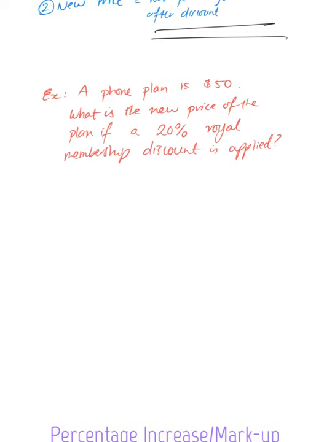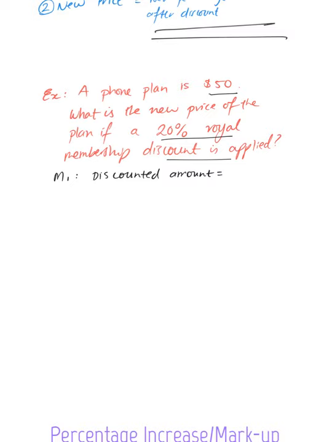Over here I have a phone plan that is $50, and it says what is the new price of the plan if a 20% Royal membership discount has been applied. So I'll approach this question using the two methods. Now for method one, first of all, I am required to find the discounted amount.